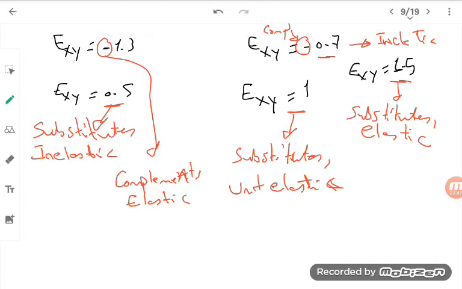Now we are going to talk about elasticity of supply. Price elasticity of supply.